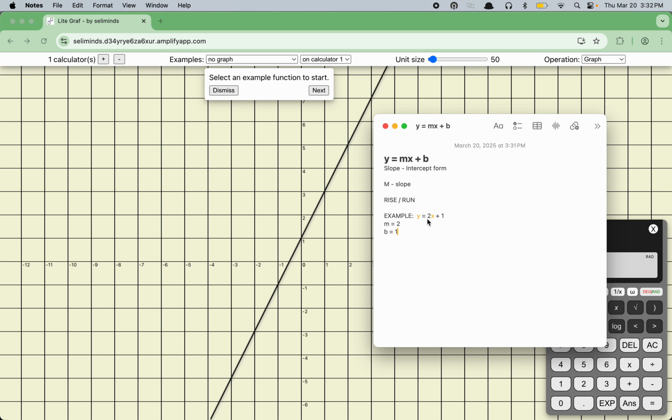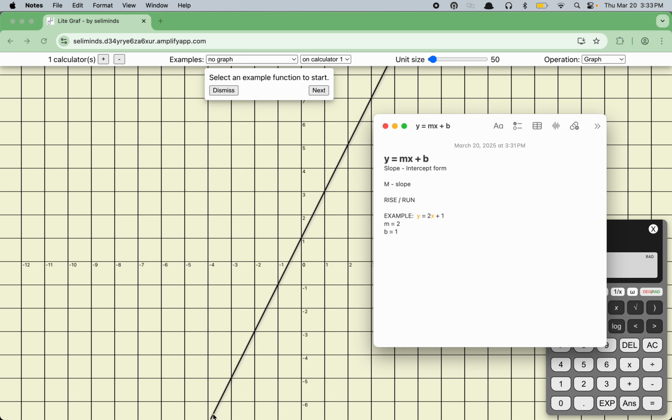And the value of y is computed by this. So we have 2 times the value of x, which is 0, plus 1. And so the y, which is the dependent variable, is 1. Okay, now if x is equal to 1, based on this equation, we have a y which is equal to 3, and so on and so forth.